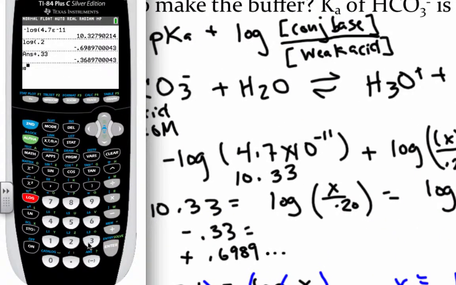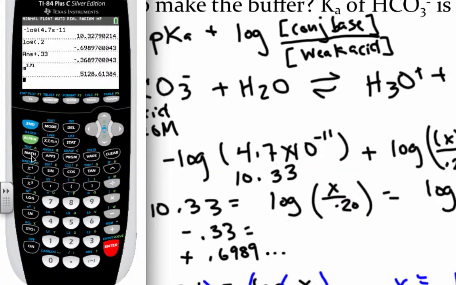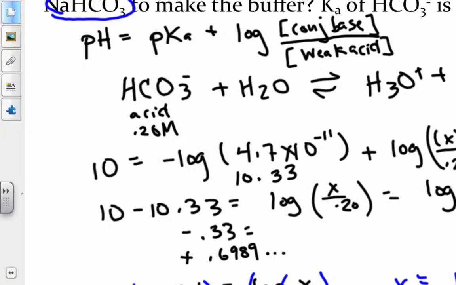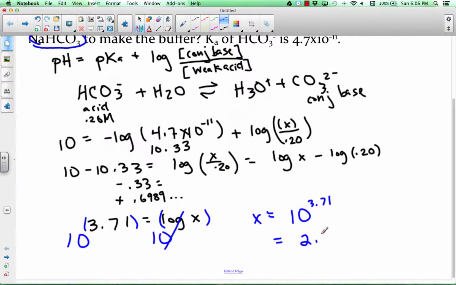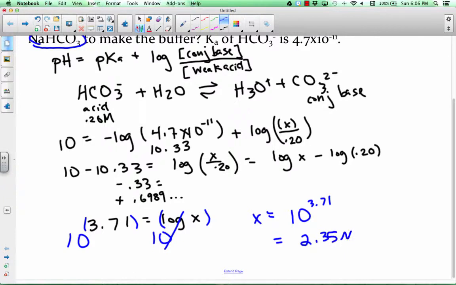Anti-log 0.371, and that gives us 2.34. That's much more reasonable. 2.349, so we'll call it 2.35 molar concentration for x, which is our concentration of the carbonate ion that we need in our solution. We haven't answered the question that was asked.